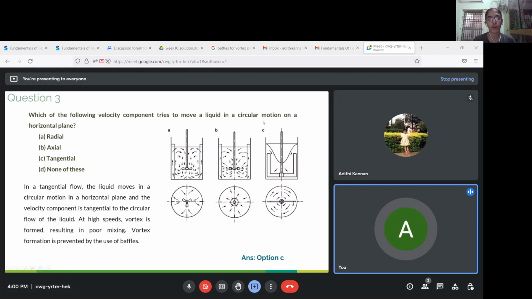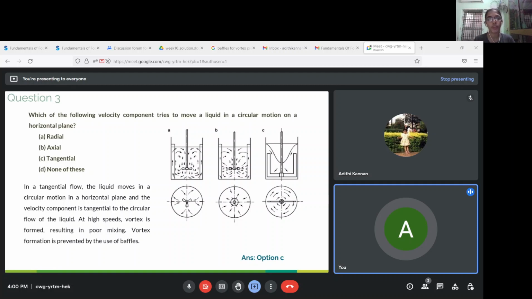When you have a vortex, you will not have proper mixing because you will have something called dead zones here. You will only have a whirlpool and a very minute mixing only in this region, whereas these corners of the equipment will still remain unmixed or segregated. So your mixing efficiency is very poor when you have a very high vortex formation.